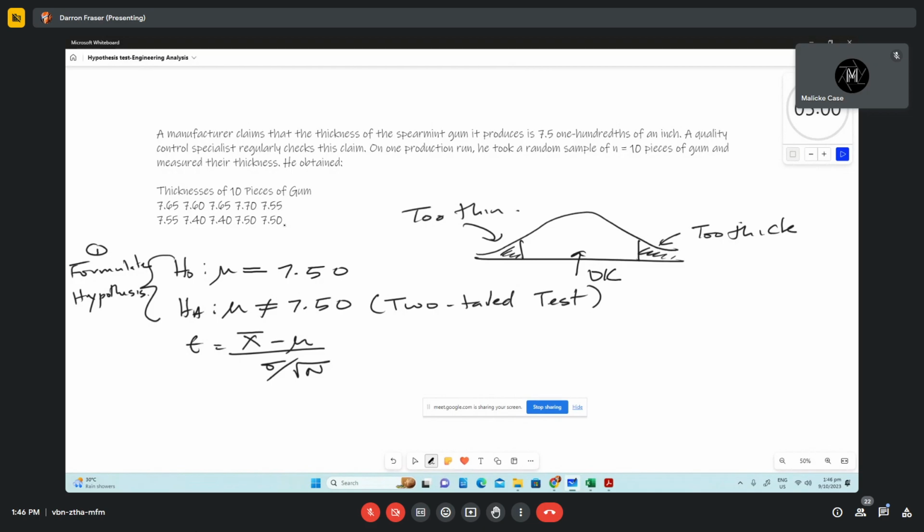So one is formulate the hypothesis, two is calculate, in this case, the t value. Example, less than 30.